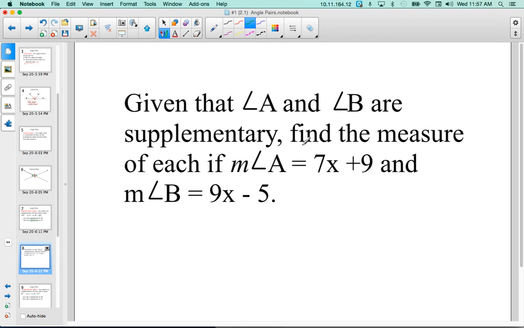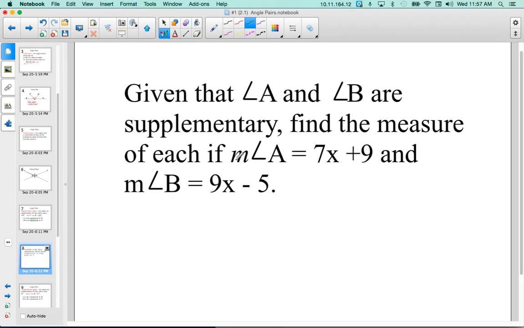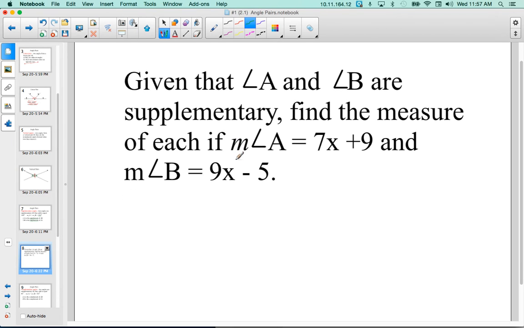Now we can use algebra with our supplementary angles. Given that angle A and angle B are supplementary, find the measure of each if the measure of angle A equals 7x plus 9 and the measure of angle B equals 9x minus 5. If they're supplementary, when we add them together they should equal 180.